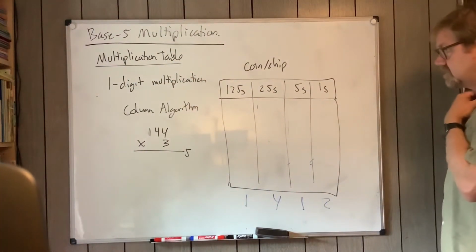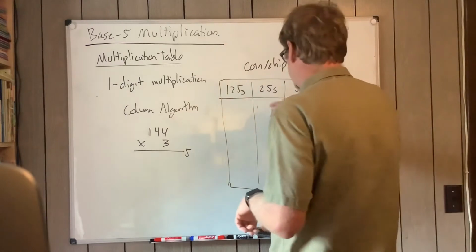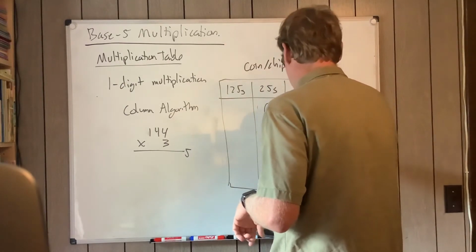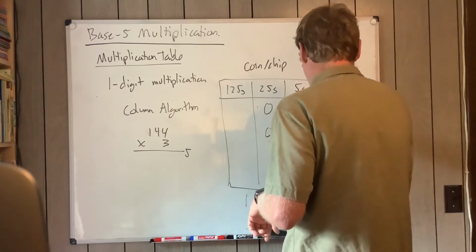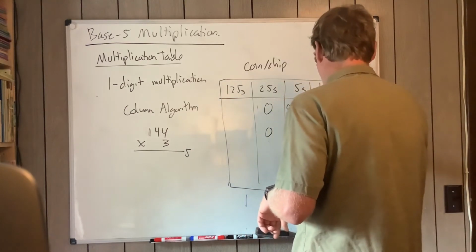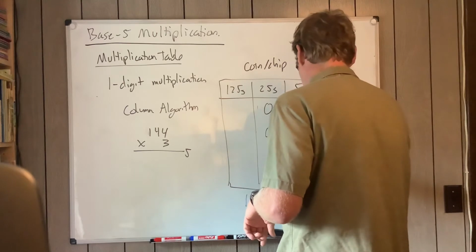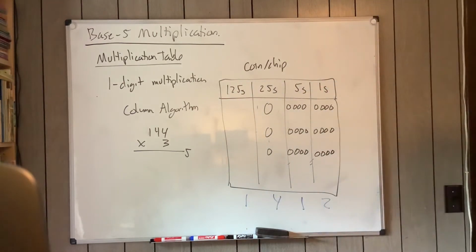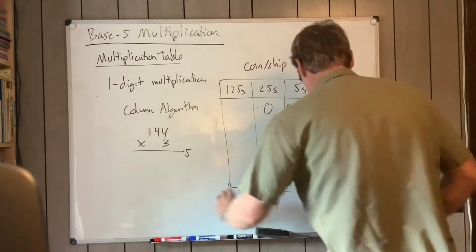Okay. Let's actually do it this way first. So 1, 1, 2, 3, 4, 1, 1, 2, 3, 4. And then rebundle.